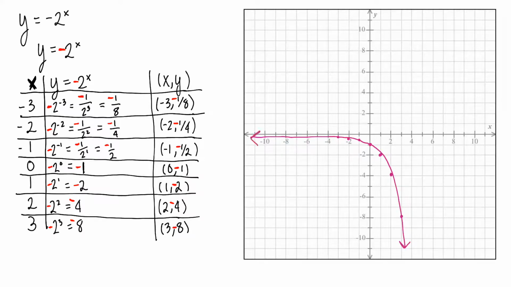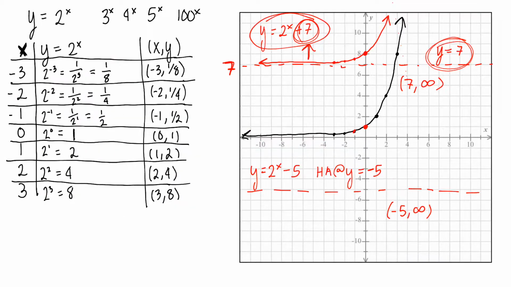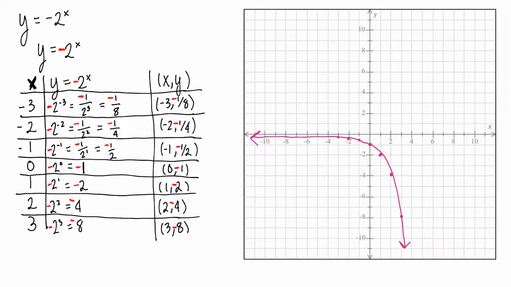Beautiful. All right, so what's happened? Well, I can take you back to our original 2 to the x. So our original 2 to the x was this guy right here. Right? So close to the x-axis on the left side, far away from the x-axis on the right side. And it's the same here, right?